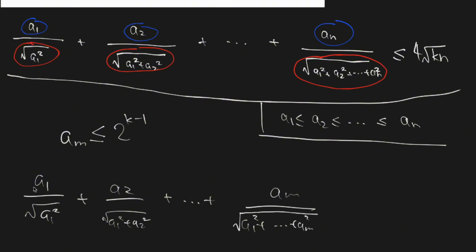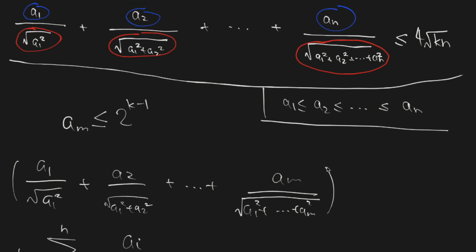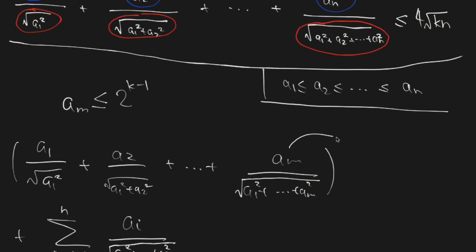Then the second part, which I'll write as the sum from i equals m plus 1 to n of ai over root a1 squared plus plus ai squared. The reason I'm partitioning this is that I can now apply the inductive hypothesis to these first m terms.